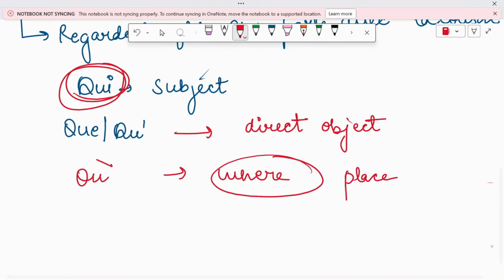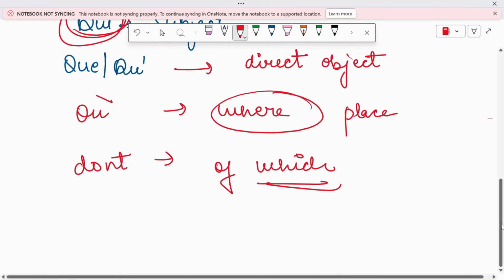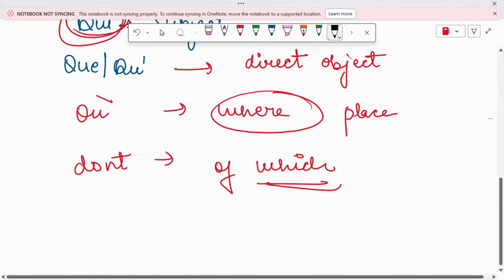Another one is dont. So dont actually means of which. It usually replaces the noun or pronoun followed by de.